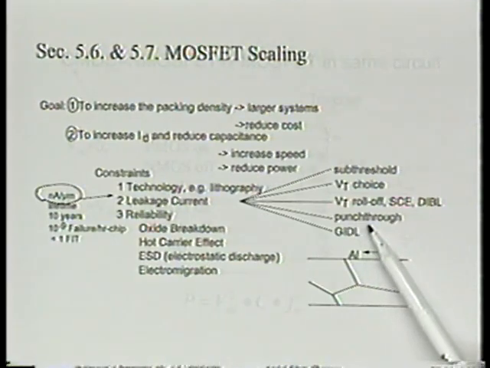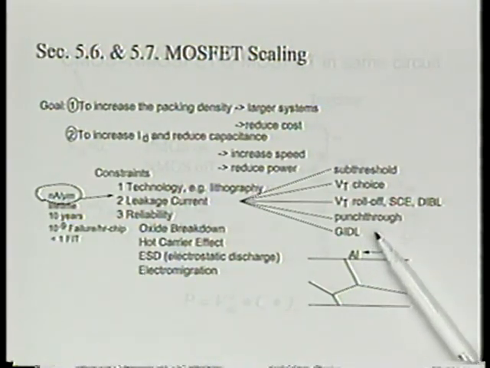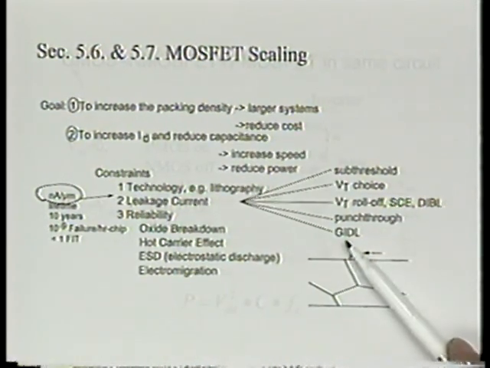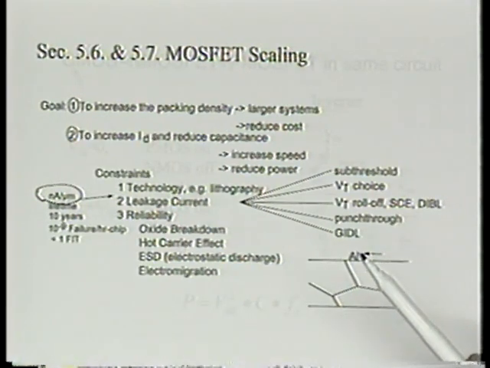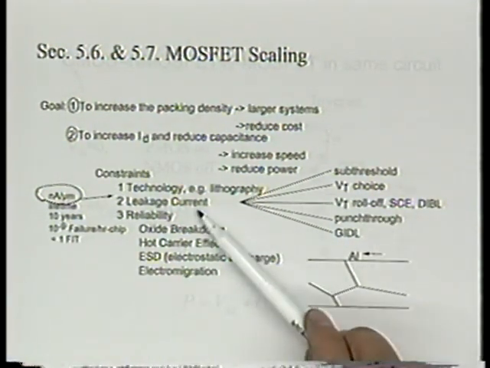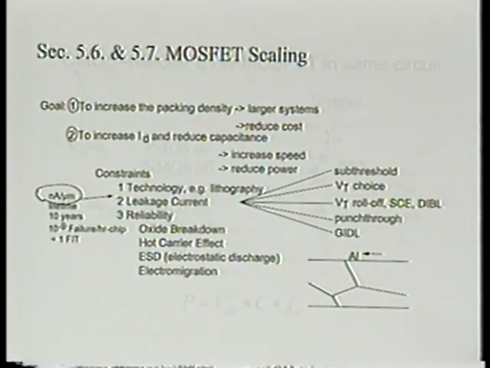And there can be punch-through, a term we use to refer to current flow that's not at this interface but along some subsurface paths. GIDL is also a leakage concern, and PN junction leakage is also a leakage concern. So those are all the leakage mechanisms we have to worry about.